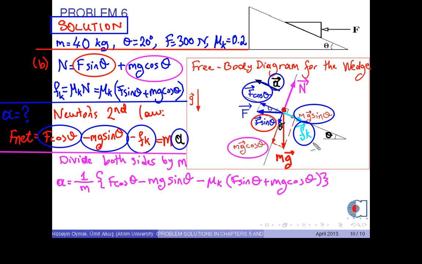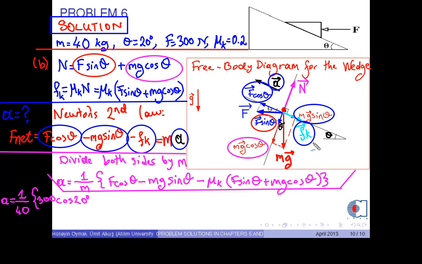With the numerical values, we have 1 over 40 kilograms times 300 newtons times cosine of angle 20 degrees minus 40 kilograms times 9.8 meters per second squared times sine of angle 20 degrees minus 0.2 times 300 newtons times sine of angle 20 degrees plus 40 kilograms times 9.8 meters per second squared times cosine of angle 20 degrees.